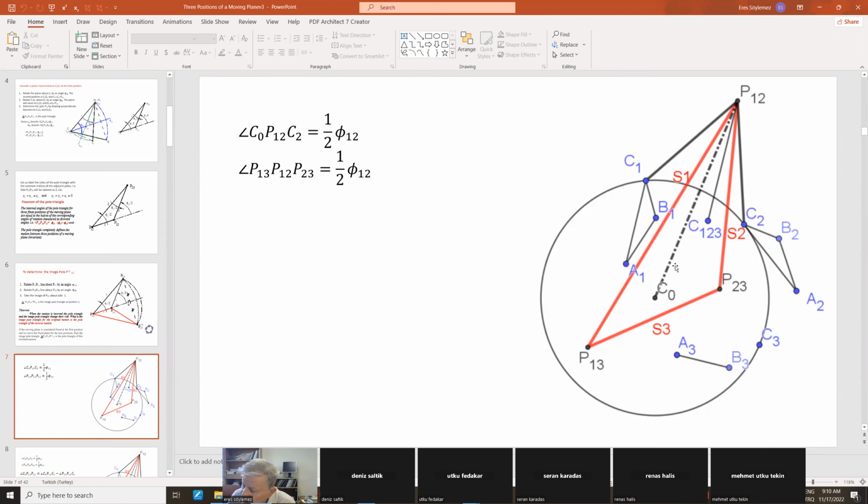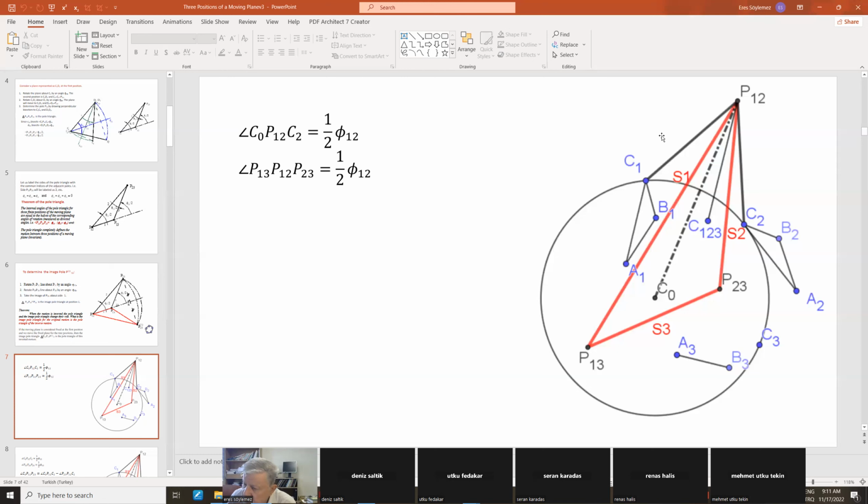C0 is on the perpendicular bisector to C1, C2. And this perpendicular bisector passes through P12. So any point on the perpendicular bisector will bisect the angle C1, P12, C2. C1, P12, C2 is 512. So C1, P12, C0 is going to be equal to 512 over 2. Any questions on this, please?